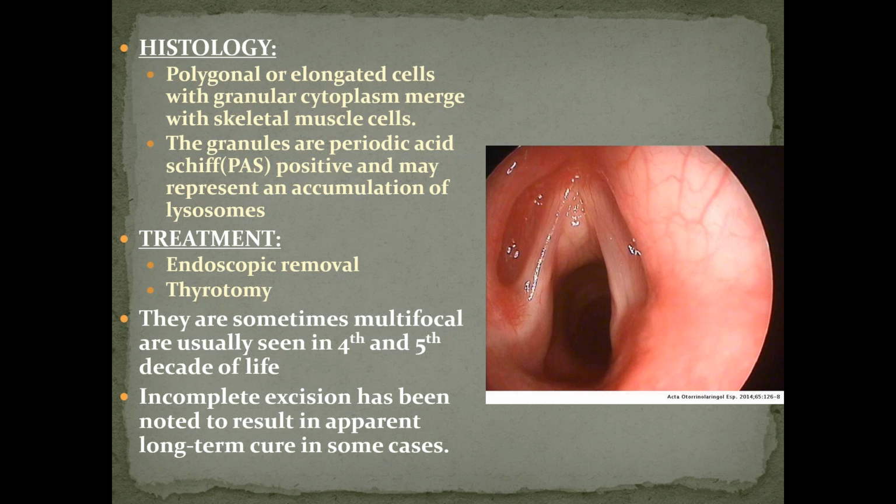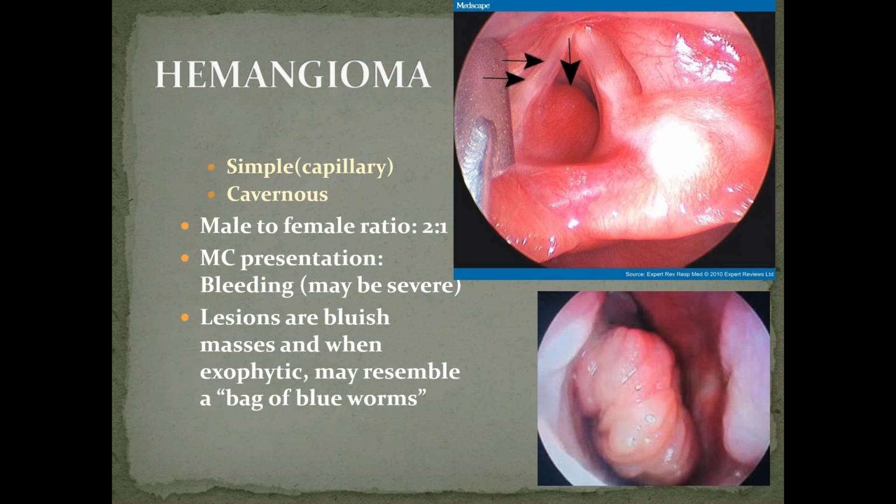Treatment is endoscopic removal or thyrotomy, so we need to open the thyroid cartilage. They are sometimes multifocal, usually seen in the fourth to fifth decade. Incomplete excision has been noted to result in apparent long-term cure in some cases.